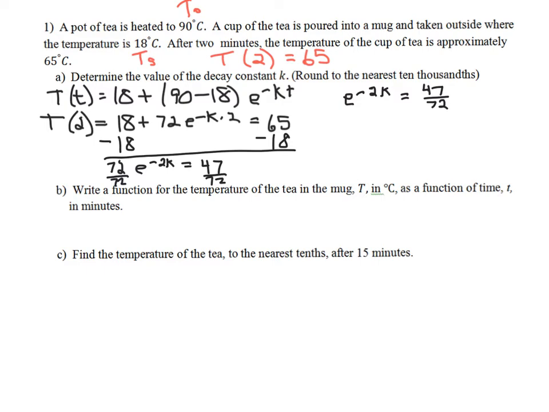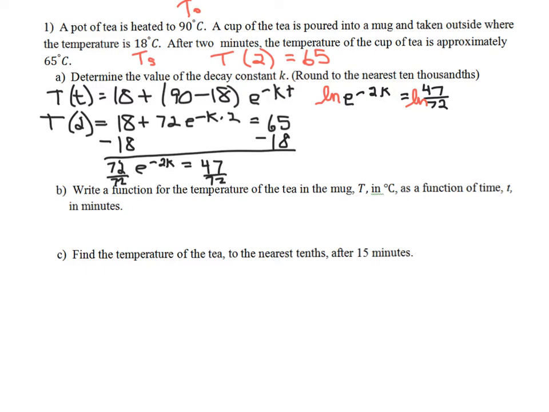The next thing I would like to do, because I've got a base of e, to solve this for k, is natural log both sides of the equation. I'm choosing natural log because natural log and e are inverse functions. Every time I've got an exponential with a base of e, the best way to get rid of that e is to take the natural log of both sides.